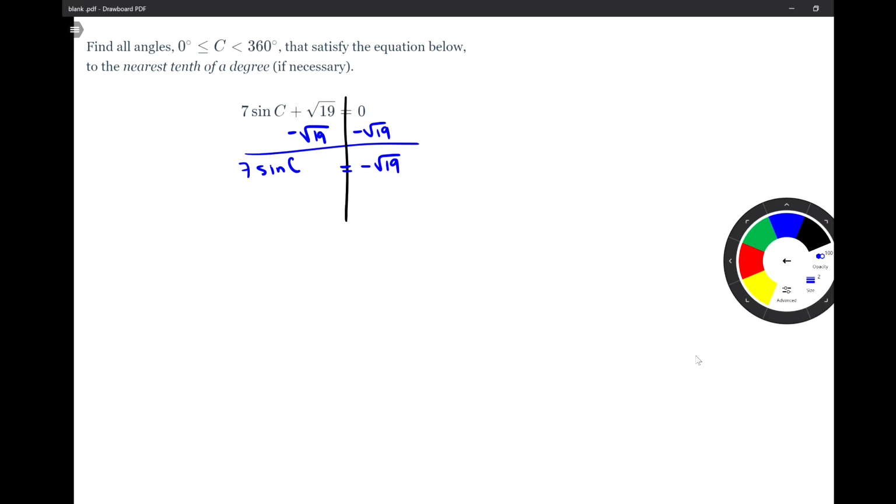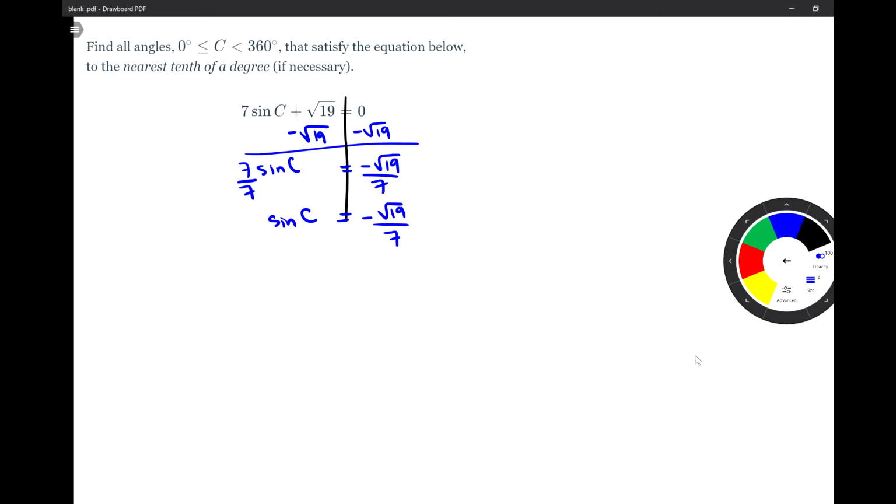And then next I divide it by 7 on both sides. So now I have sine of angle C equals negative square root 19 over 7.